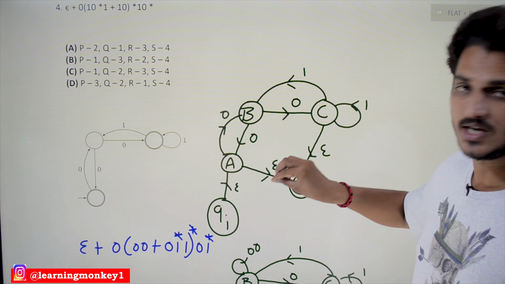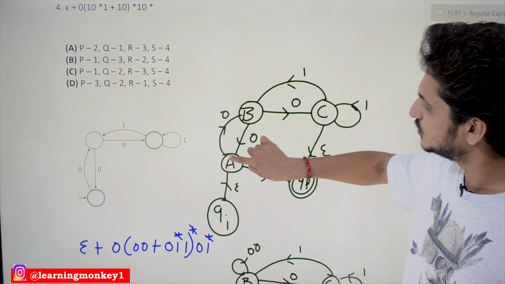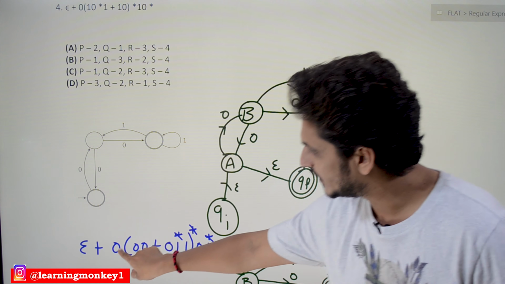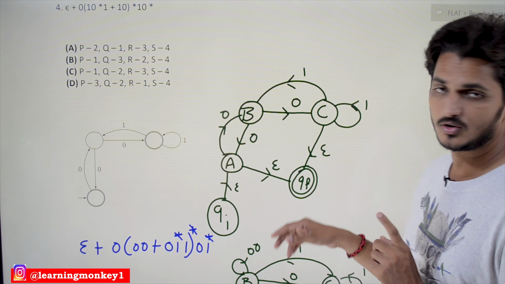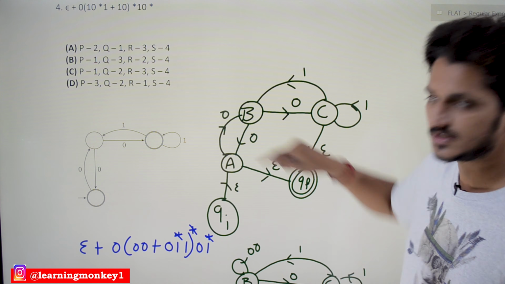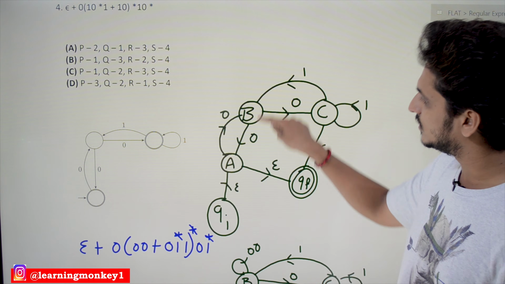If you want to eliminate A, we are moving from Qi to B using 0, so 0 is concatenated with what comes next. And one more thing to remember: if you want to remove A, there are some incoming edges to A from B, with 0, 0, 0, 0.